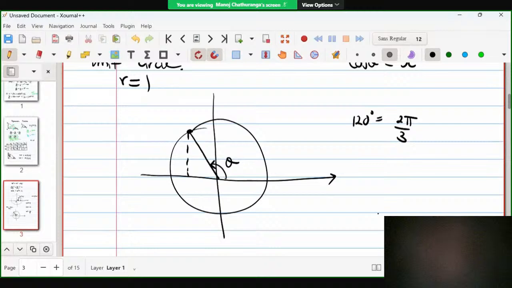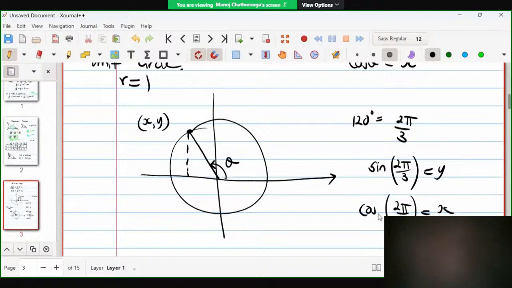Go to the point on the circle corresponding to this angle, and sine 2 pi by 3 is this y coordinate. Cosine is this x coordinate.